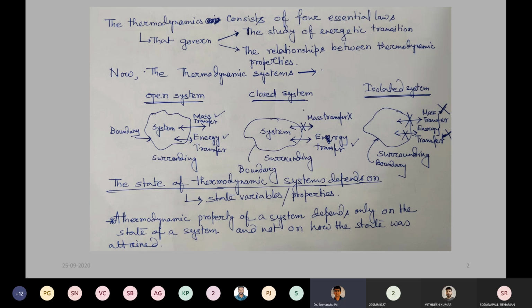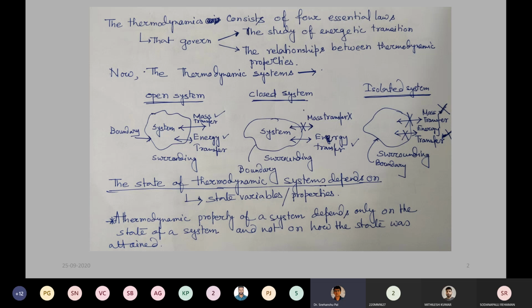A real or imaginary boundary separates the system from the rest of the universe. So you can construct a real or imaginary boundary which separates the system from the rest of the universe, which is sometimes referred to as the environment or sometimes the surroundings.